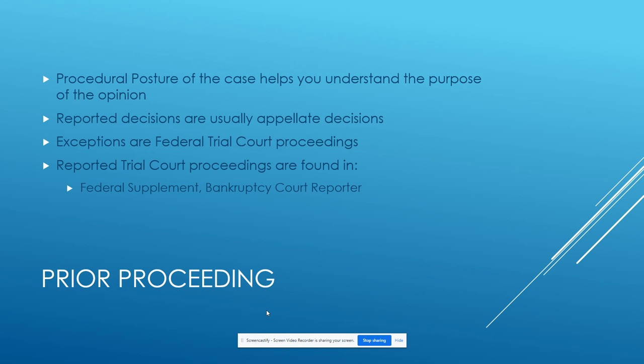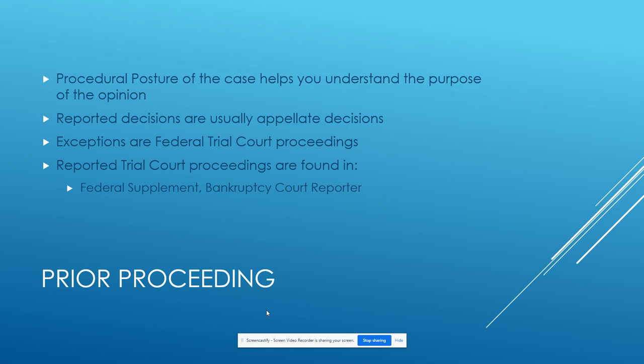It helps you understand the purpose of the opinion. So if I'm reading a case deciding that a summary judgment motion was wrongfully granted, maybe the underlying facts aren't so important. Maybe it's the procedure. What rules of procedure were followed or not followed, or what standard was not met.